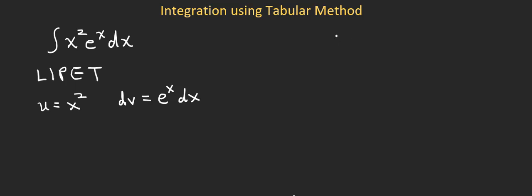So here, we're going to make a table. Put u and dv: x squared and e to the x. For the tabular method, you don't have to worry about dx. Now on the u column, you keep taking the derivative until you get 0, and on the dv column you take the antiderivative.